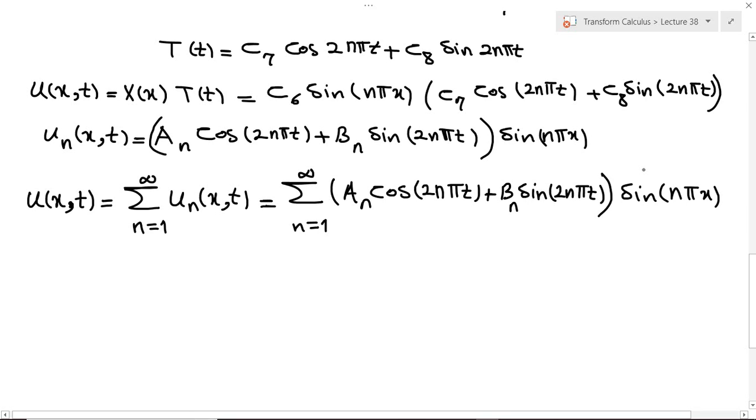Now we have to go and check if u of x and t satisfies the initial condition or not.